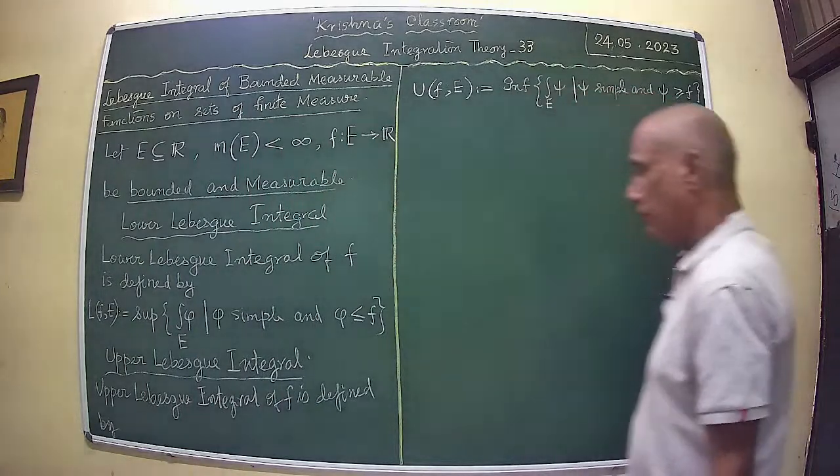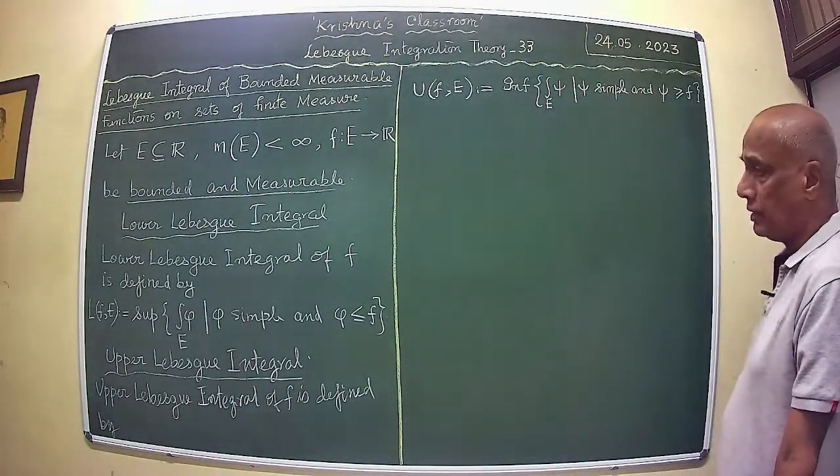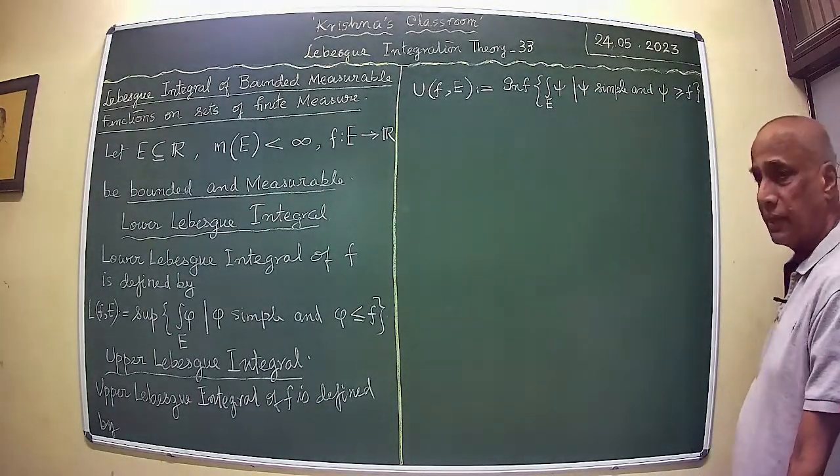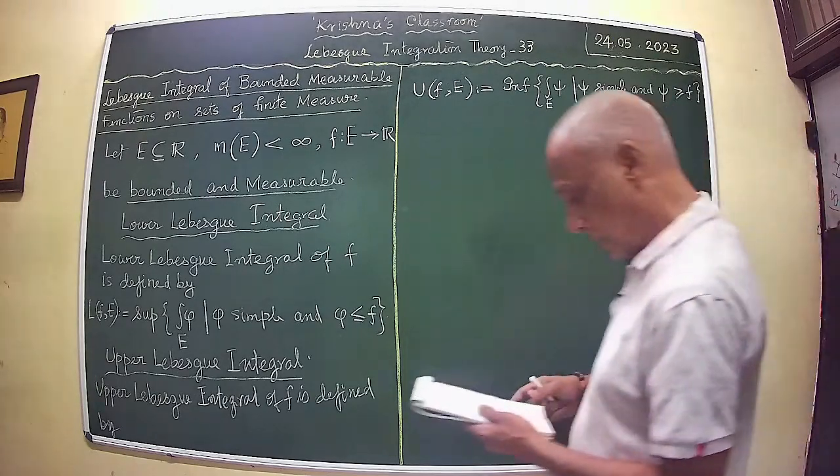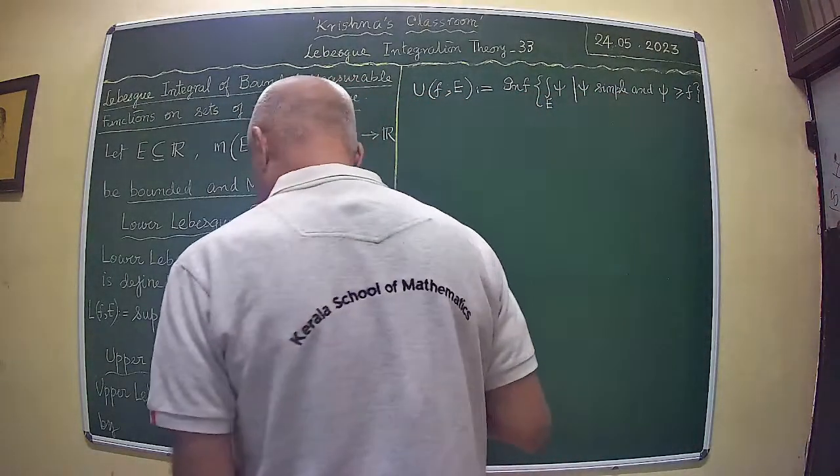Now our statement is that both the lower and upper Lebesgue integrals exist. How do we look at that?